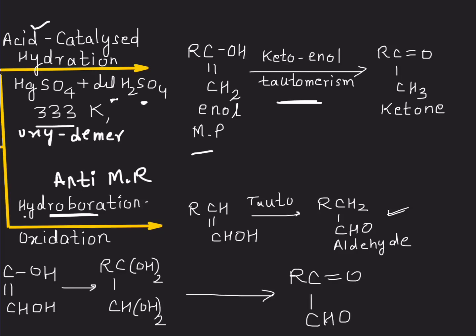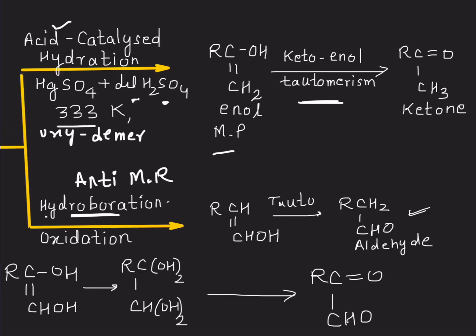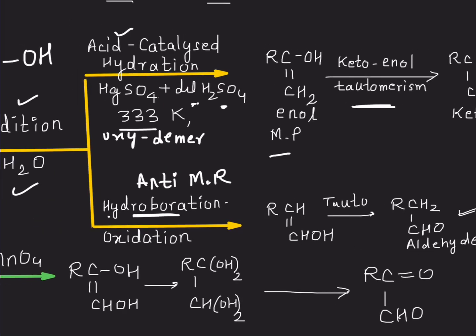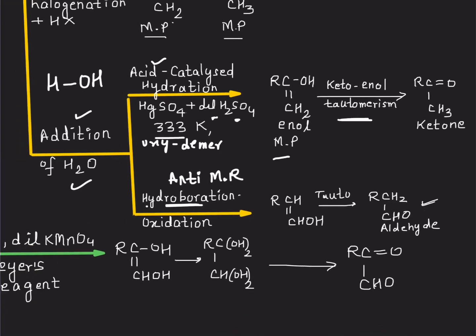So you notice that we started with the same alkyne in both the cases. But what happens is addition of H2O in the presence of an acid catalyzed hydration is giving us a ketone, whereas hydroboration oxidation addition of HOH gives us an aldehyde as the major product.